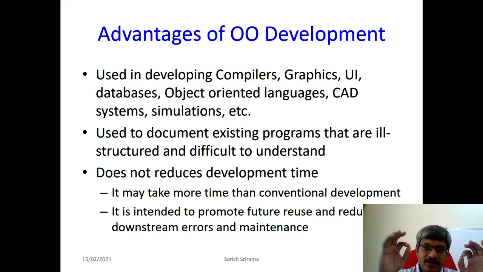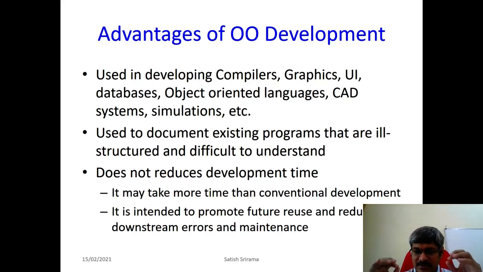Remember this: object-oriented development will not reduce the development time. If that is the perception people have, it is a wrong conception. In fact, it may take more time than conventional development. First you have to think in terms of design: analysis, design, and then development.